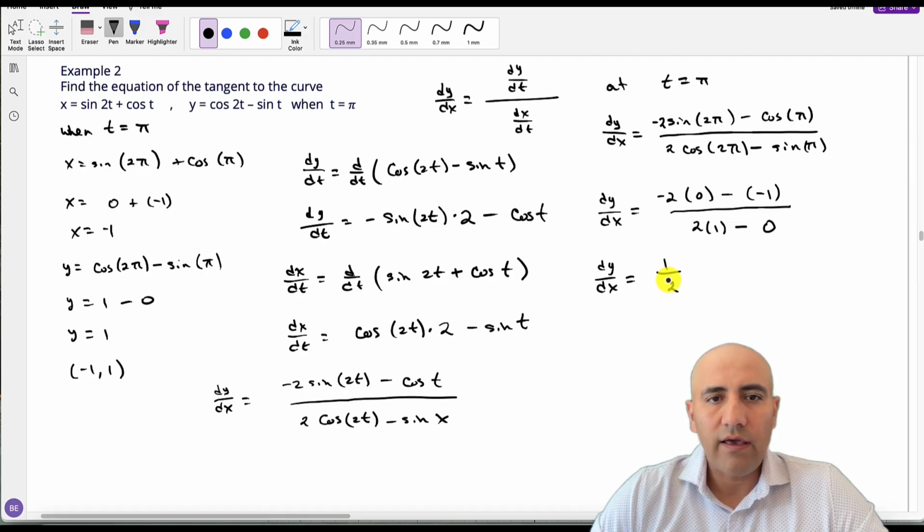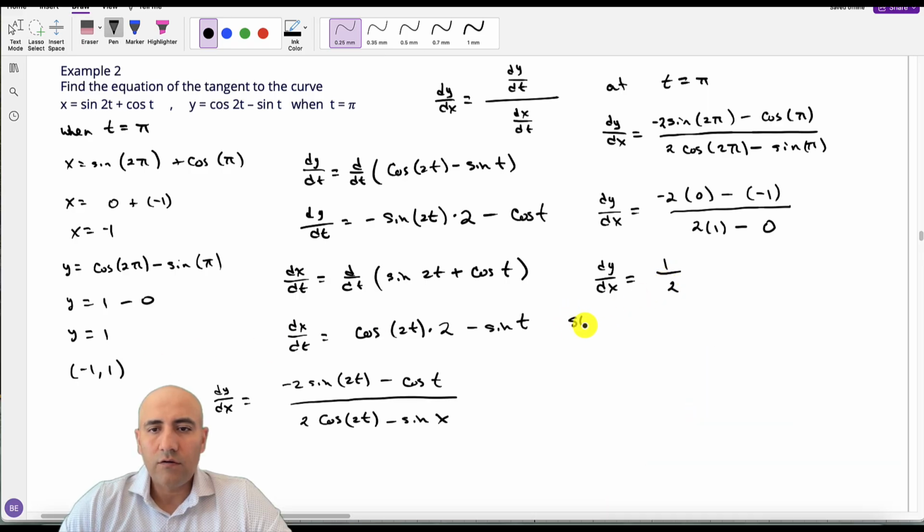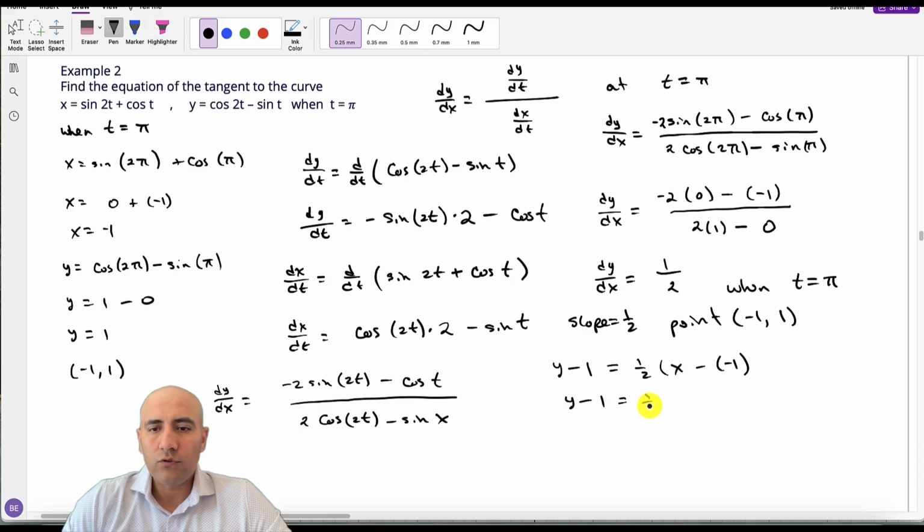So now let's find the equation. So the point is this guy. Using slope equal to 1/2, point equal to negative 1, 1. This is when t equals pi. We have this point, this slope, so we can use our formula y minus 1 equals 1/2 times x minus negative 1, which becomes y minus 1 equals 1/2 times x plus 1.